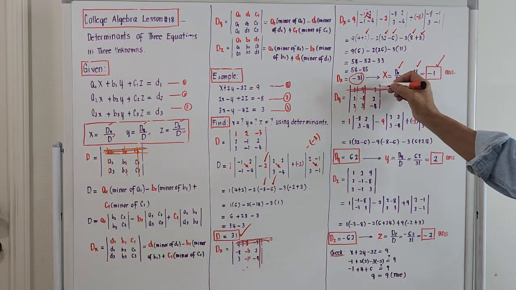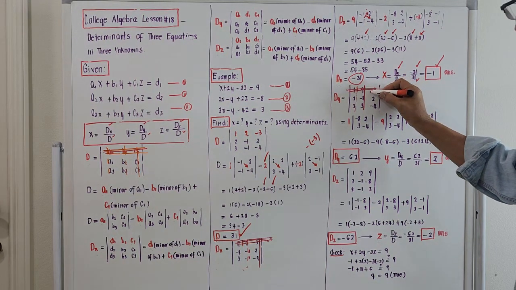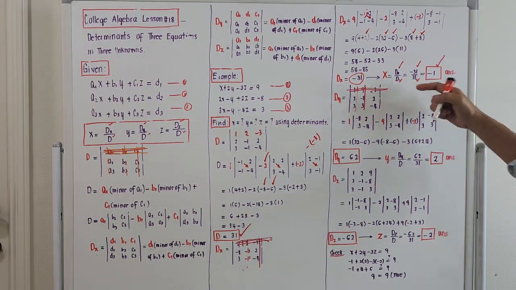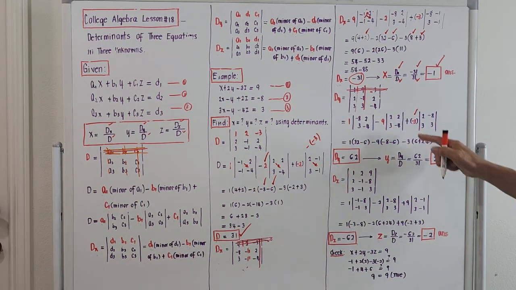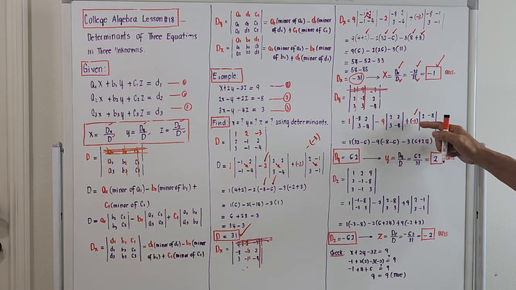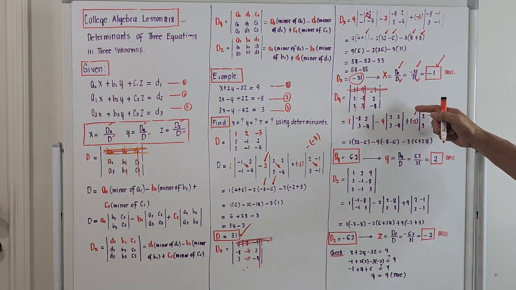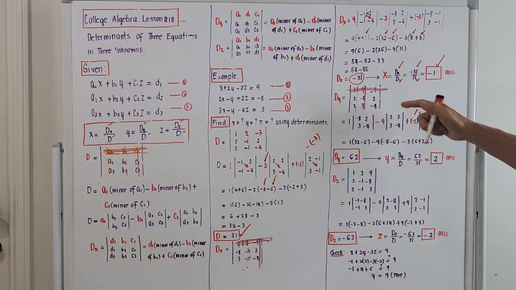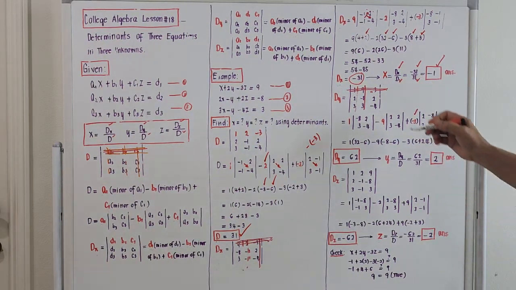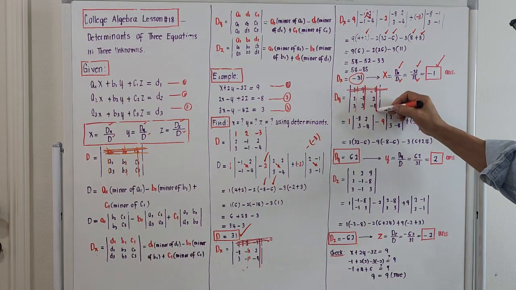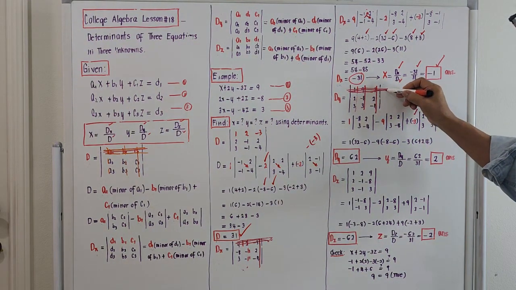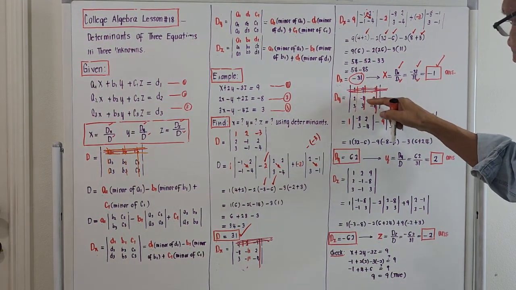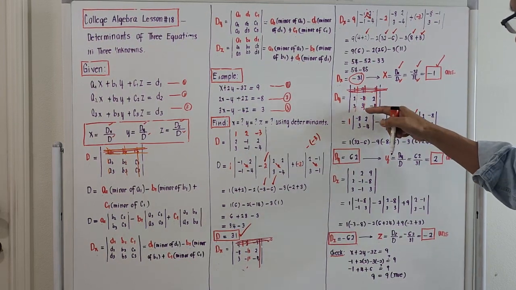The last one is negative 3, right? So this is plus open quantity negative 3. The operation here is plus, but the number 3 is actually negative, so I put a quantity. And the minor of negative 3 is the same. You cross out this column plus this row.